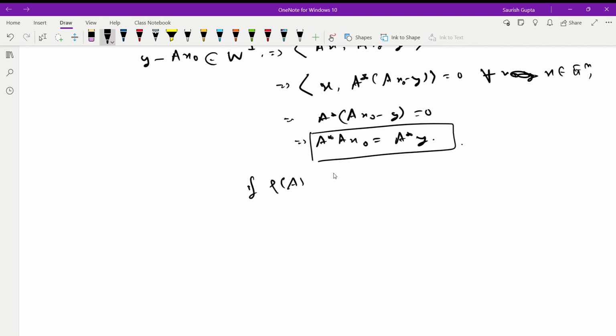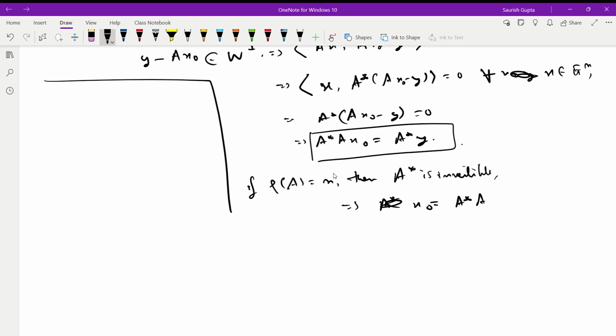What comes more handy is if A has rank n. If rank of A is n, then we know that A star A is invertible, which implies that X naught can be written as A star A inverse times A star Y. Now, when we are talking about the rank of A being n, I implied the sense that you can assume n is less than m.